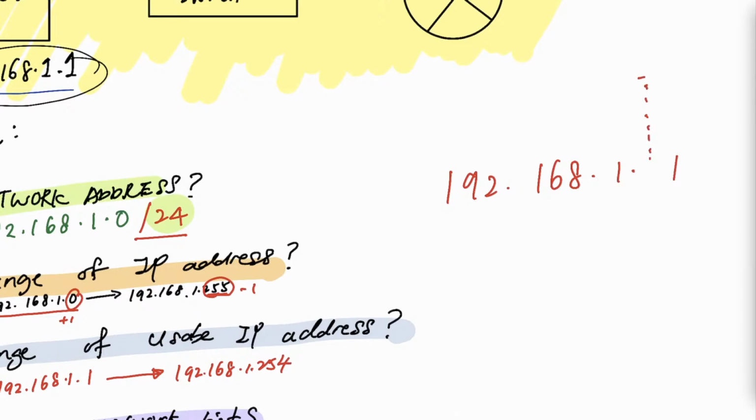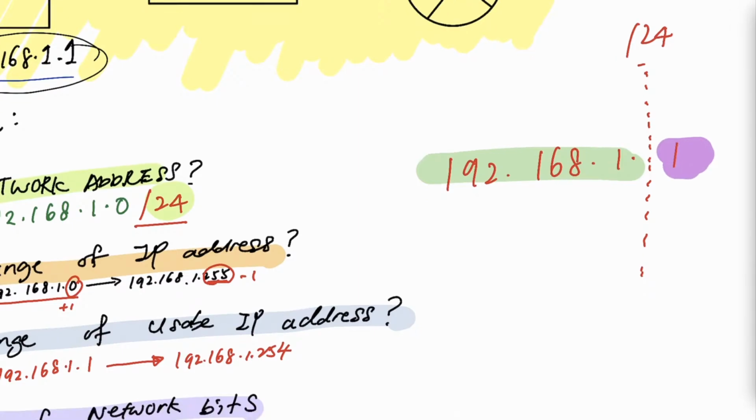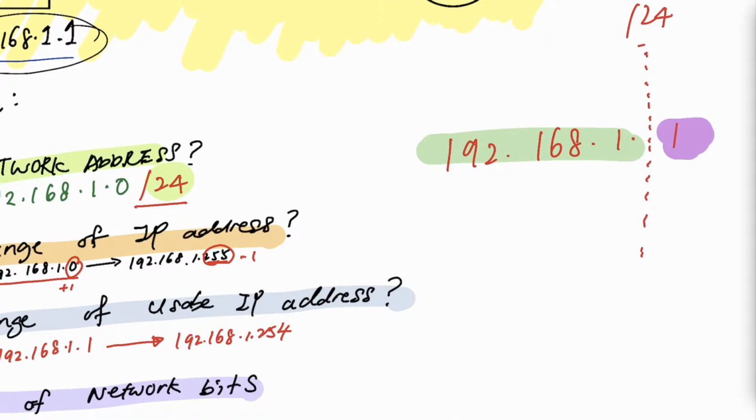In this example, it is a /24, so we cut it this way. You have the network bits in green color and the host bits in purple color. We also know that every IP address is 32 bits long, and every octet is 8 bits. So here is 8 bits, 8 bits, 8 bits, which makes 24 bits.